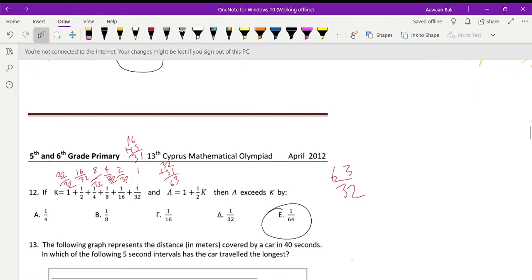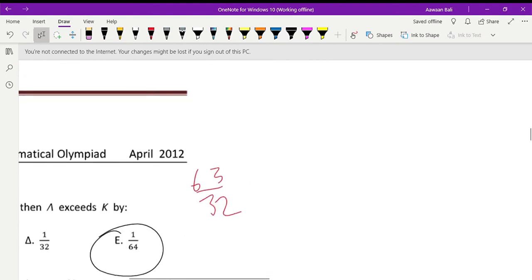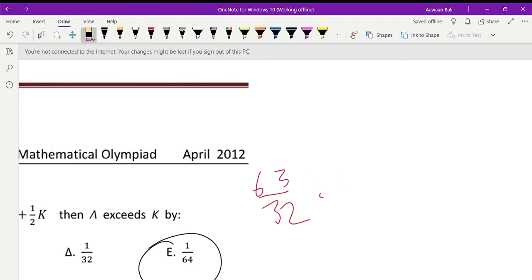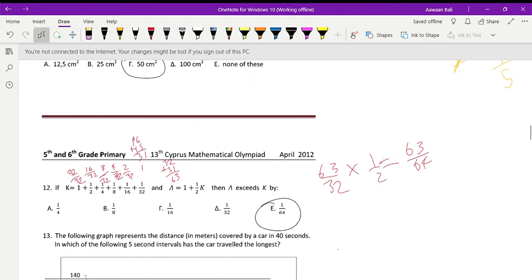So that's K. But now it says L is 1 plus half of K. So that means when you're dividing by 2, you're multiplying by the half, basically. So we would have 63 upon 64 plus, and then we have 1 itself.